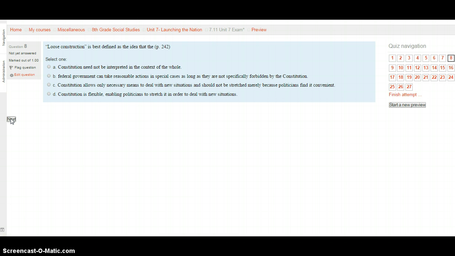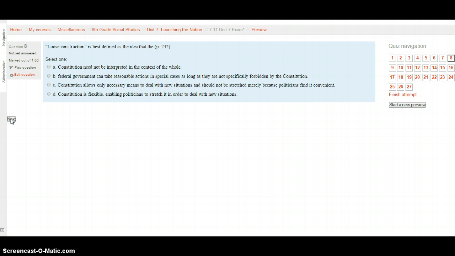Question 8. Loose construction is best defined as the idea that the, page 242, A. Congress need not be interpreted in the context of the whole. B. Federal government can take reasonable actions in special cases as long as they are not specifically forbidden by the Constitution.